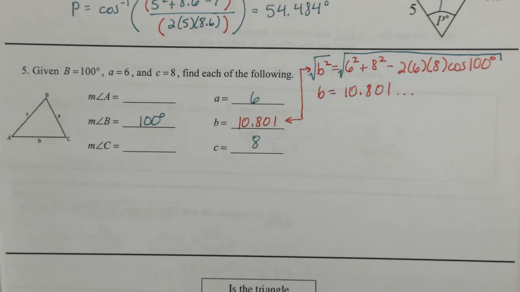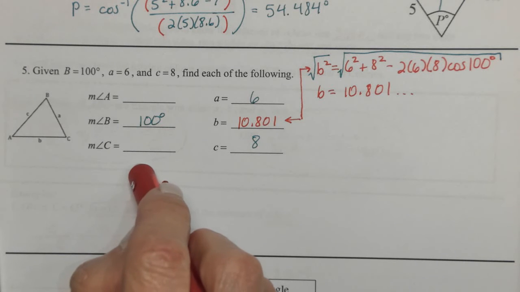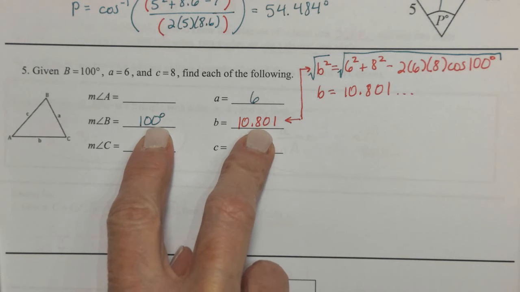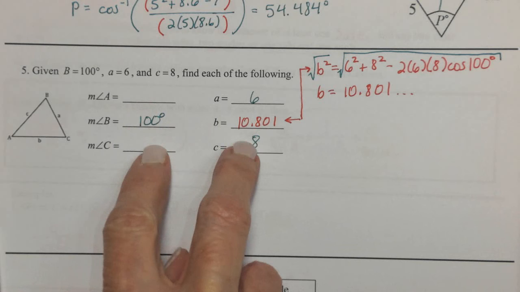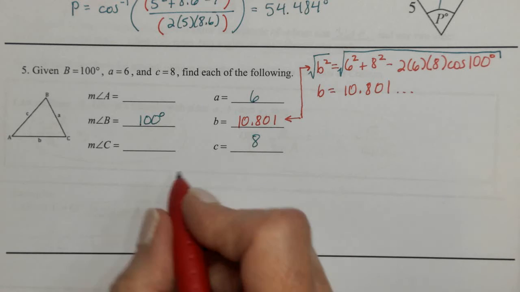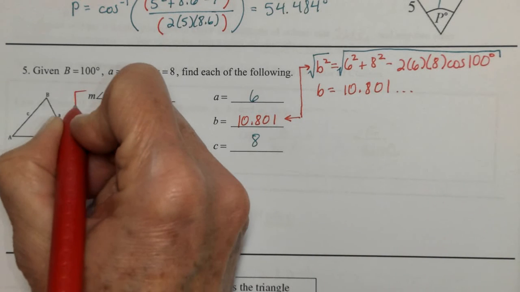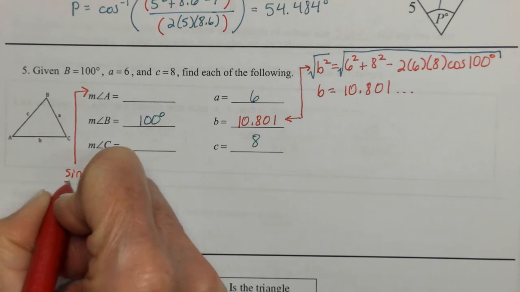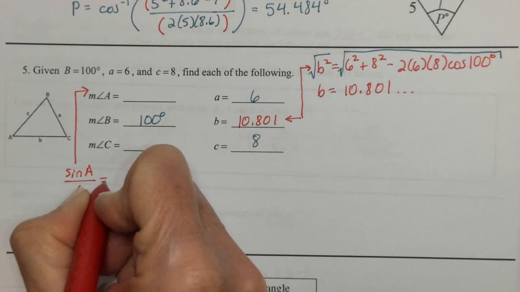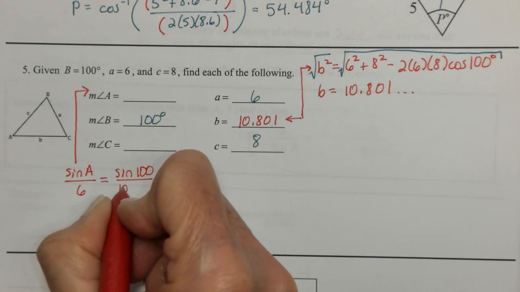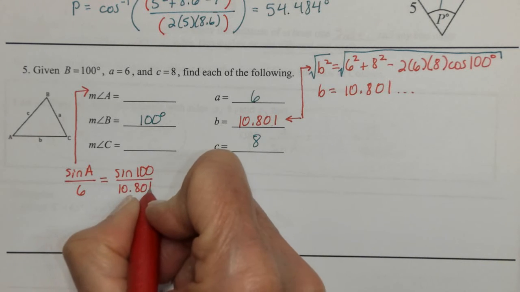Okay. Now we need to get angle A and angle C, but now I have a pair. So since I have a pair, I can use law of sines to get angle A or angle C. Okay? So I'm going to do that. I think I'll just go get angle A. So I'm just going to set up sine of angle A is to its opposite side, as sine of angle B is to its opposite side, and I am going to have to use that unrounded version.